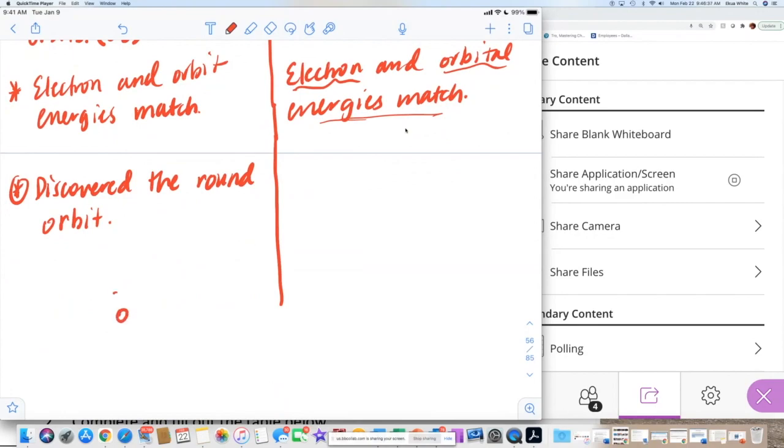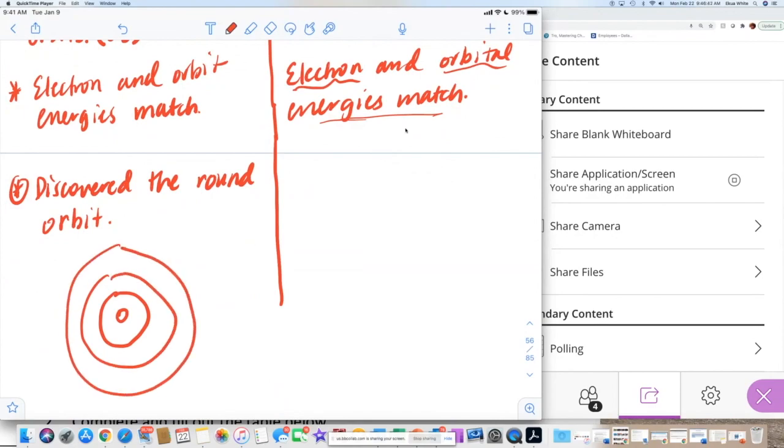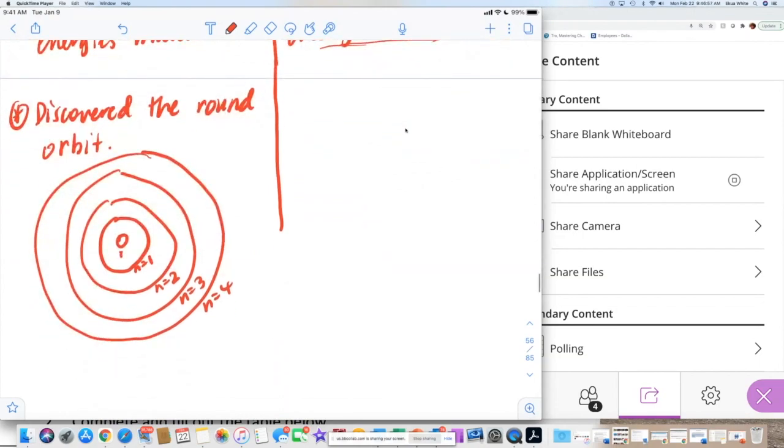You have the nucleus, you have energy level 1, energy level 2, energy level 3, energy level 4, and he labeled the energy levels as N. So N is 1 is energy level 1, N is 2, energy level 2, N is 3, energy level 3, N is 4, and it goes on and on and on. And we call this, of course, the nucleus right here. We call this the planetary model because it does remind us of the sun and planets relationship, right? So this is Bohr's planetary model.